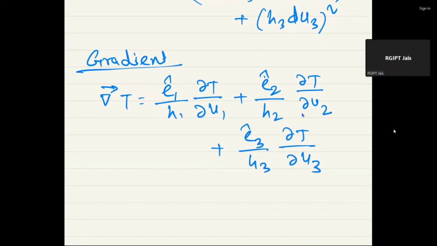Again, if you know these values of h1, h2, h3, then you can get the gradient in any coordinate system, cylindrical or spherical polar. So basically, you need to know the scale factors and how to define the unit vectors in different coordinate systems.